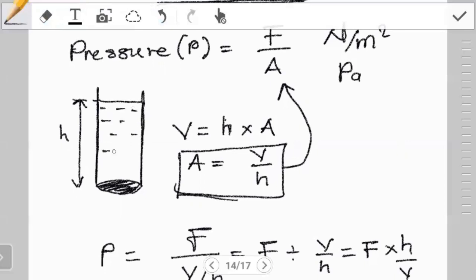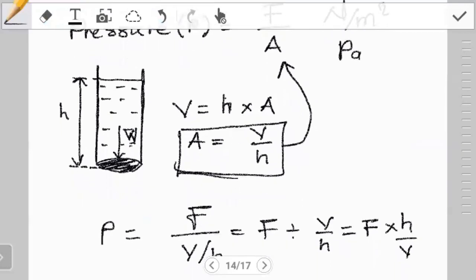Now, if we wanted to find the force acting at the bottom, at this point, which is just the base of this tube, since that's where our h is being measured, we have to take into account that the force acting on that surface is the weight of this fluid.